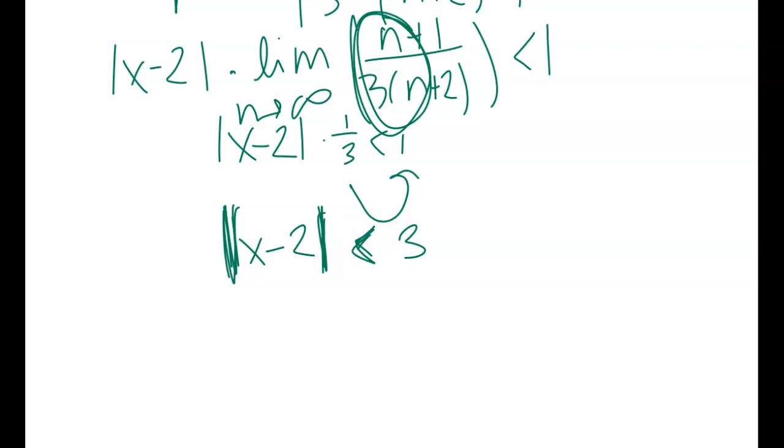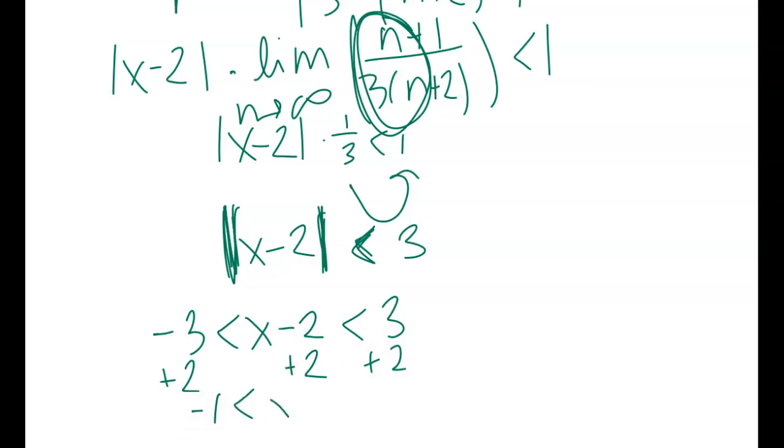Anything inside that absolute value bar, once you subtract 2, needs to be between 0 and 3. But since it's absolute value bars, that means it also can be between 0 and -3, if you will. So we undo the absolute value bars like that.